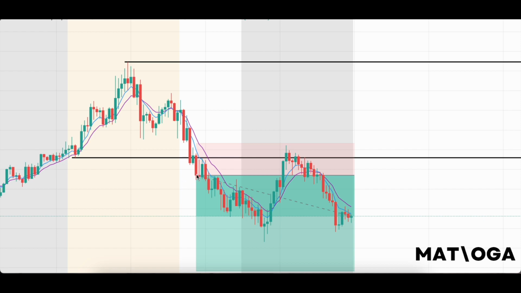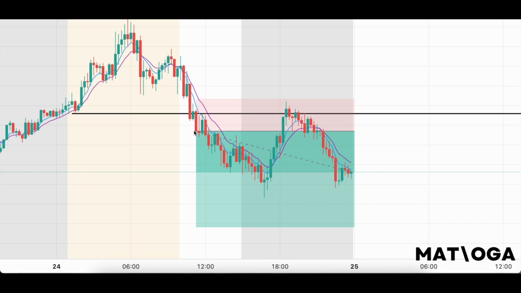Below the EMAs, below the session low after the break and retest. Nice, strong, solid red candle. Took a short. It went nicely. Then US session reversal back to the session low, and then back below, and eventually it's out at pretty much a midway point, which is at about 1.5%.